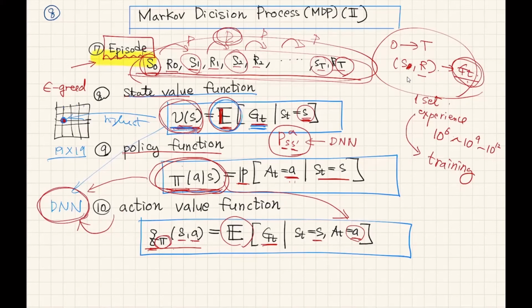After you gather a million experiences, that is applied to the state value function network. The state value function is represented by a deep neural network. Each state will have a different winning probability. That is called the state value function. Once you train this state value function, you just follow the state that has the highest number. Then you make the decision to that point.